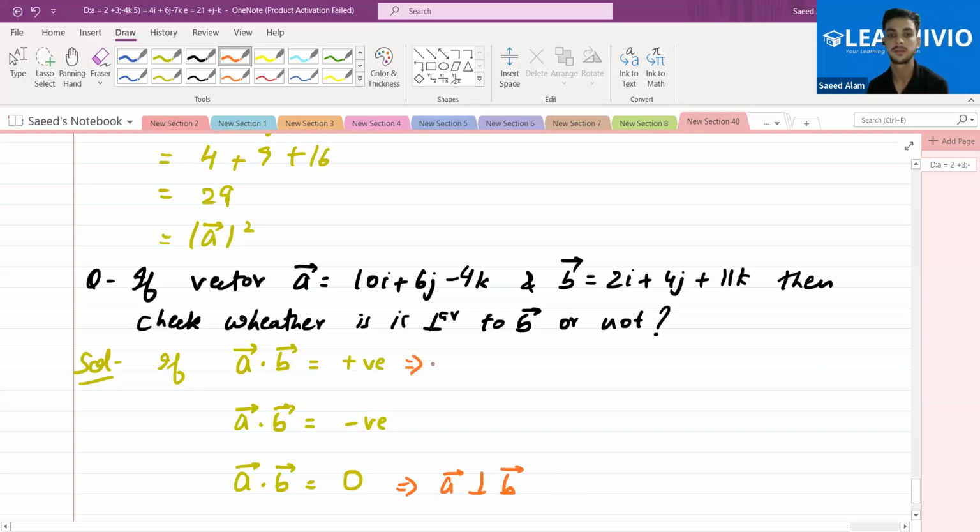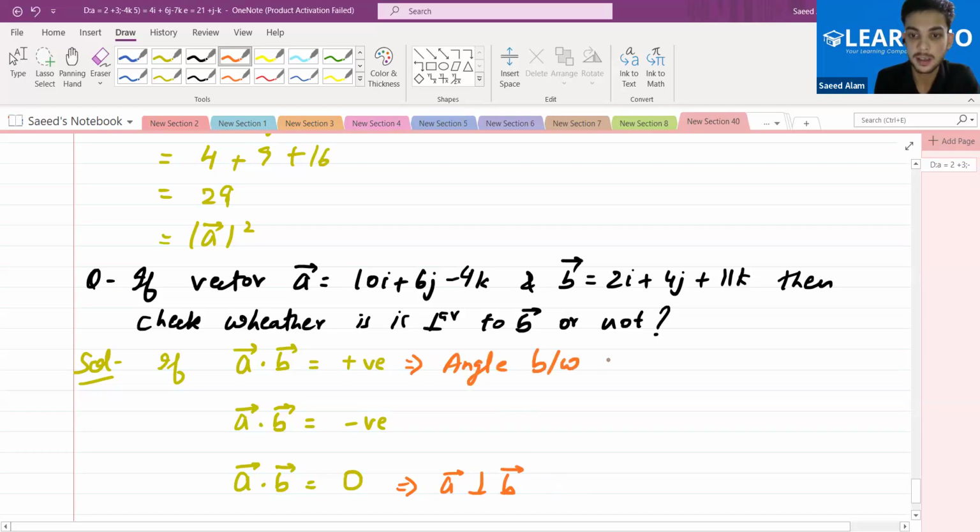Can you comment something about them if A dot B is positive? The angle between them is between 0 and 90 degrees. Yes, exactly. The angle between A and B is acute.